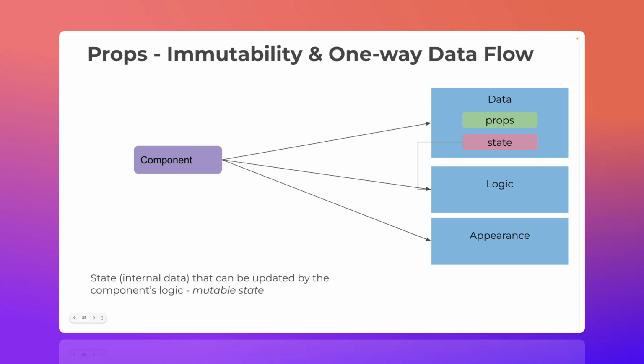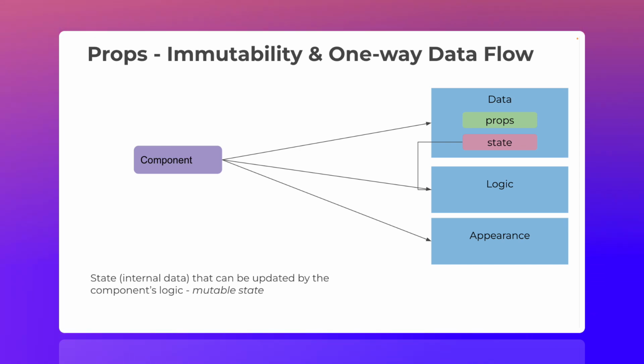Now, the question here is, okay, why is it so important that we have this one-way data flow from top, the parent, down to the children, and also that props are immutable? Why is that even important? Why is it designed that way? There are a few reasons. In React, immutability and unidirectional data flow, so from top to bottom, are two fundamental concepts that significantly influence how applications are structured and behave.